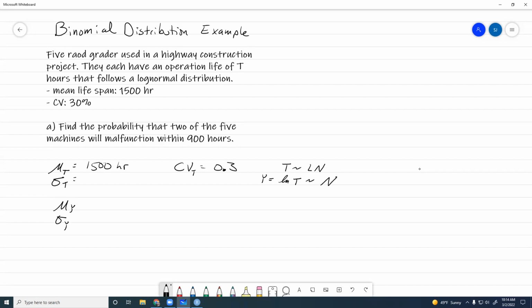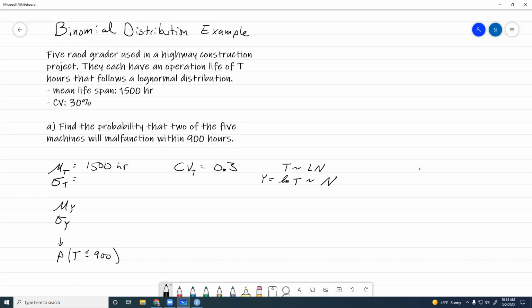And first, let's calculate sigma T, and then we'll get into these steps. Ultimately, we're going to get a probability that the machine will malfunction in less than 900 hours. And so that's going to be the probability that T is less than or equal to 900 hours.